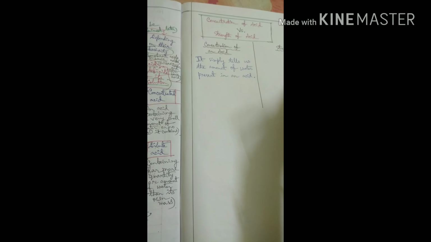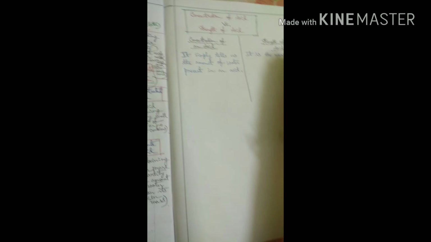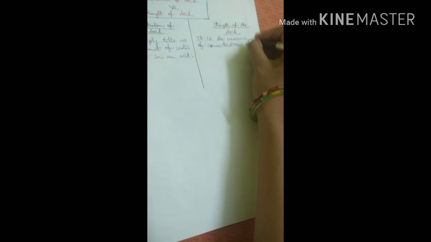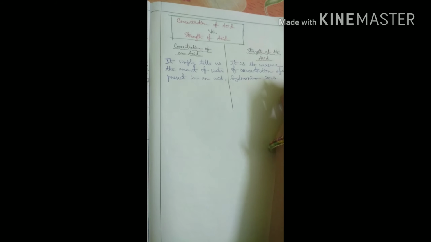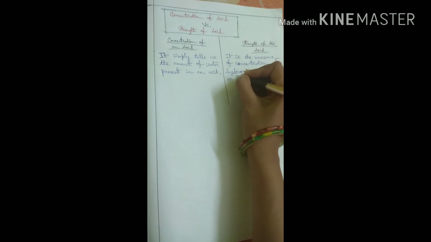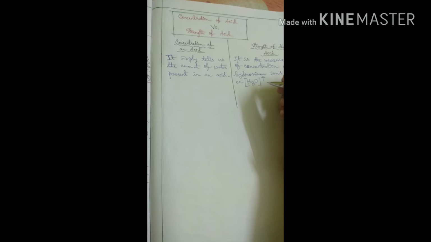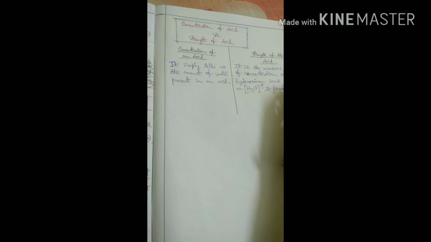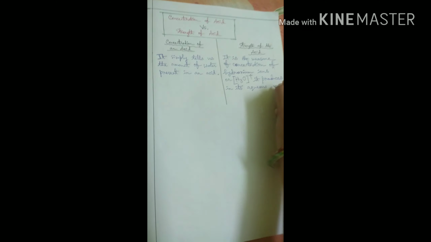But strength of an acid is the measure of concentration of hydronium ions, denoted by H3O+, which, as I have already discussed with you, it produces in its aqueous solution.